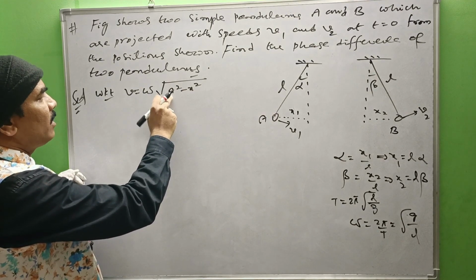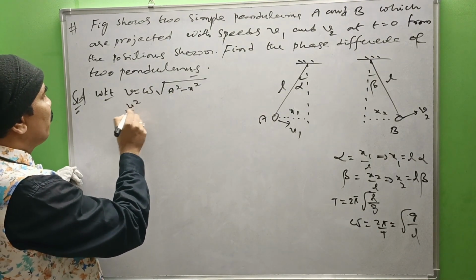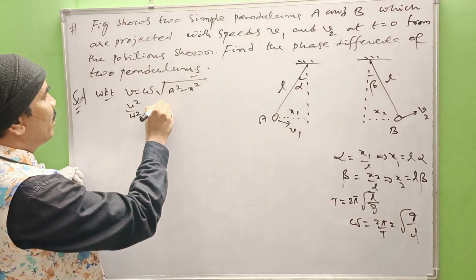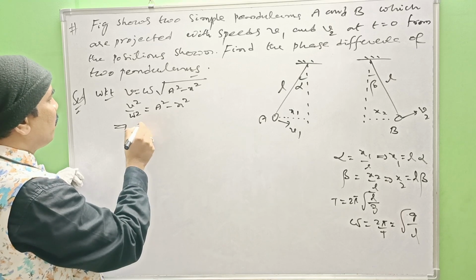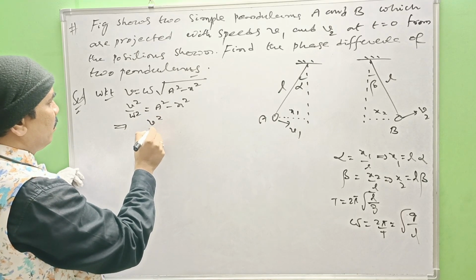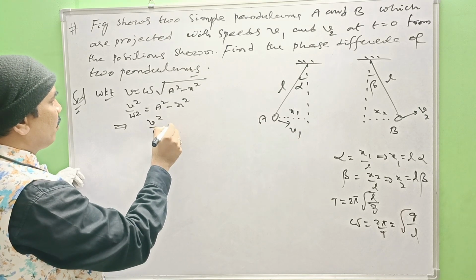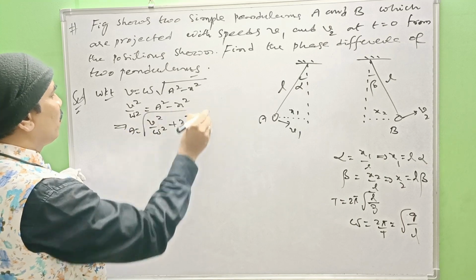So what is a square? V square by omega square equal to a square minus x square, which implies a square equal to V square by omega square plus x square, that is a equal to under root like that.